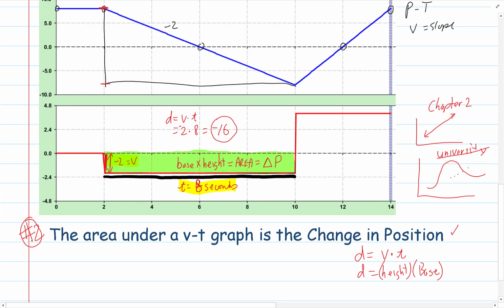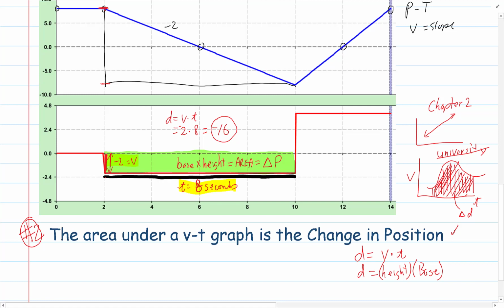It also helps for university because you could calculate using calculus the area under this velocity time graph, the area under this curve. Advanced math can calculate that, and that'll be its change in displacement.